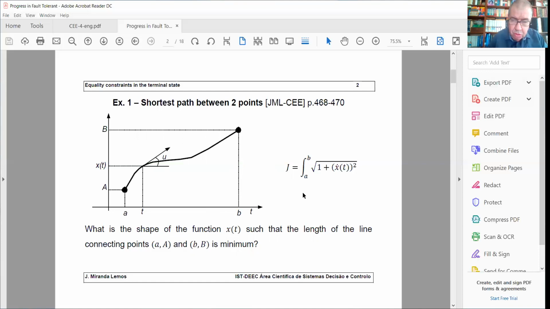Now, let me ask you, what is a straight line? Can some of you tell me what is a straight line? Has no curvature. And what is curvature? Change of derivative. I don't know. Okay. Well, in a mathematical way, it can be described as a change of derivatives, but in a geometrical approach, it's similar to a circle.